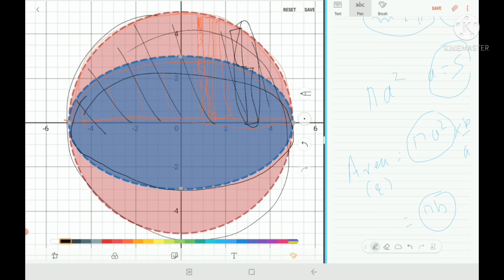But I honestly think that this was something new. I have not seen this process of finding the area by ratio. I think it's new. I hope you liked it.